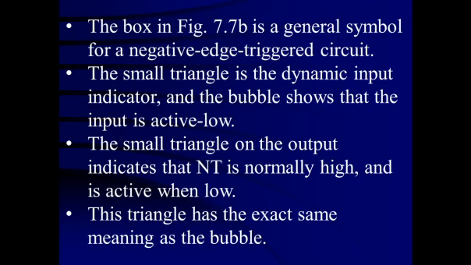The small triangle is the dynamic input indicator and the bubble shows that the input is active low. The small triangle on the output indicates that the output is normally high and is active when it is low.